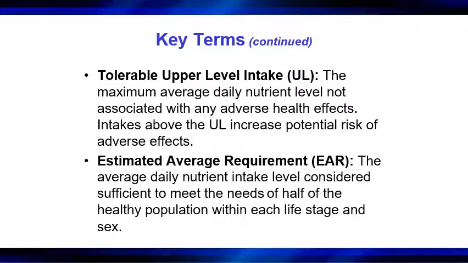The tolerable upper level intake is the maximum average daily nutrient level not associated with any adverse effects. So basically, there are certain things that if you take in above that, there is the potential for adverse effects. You have the estimated average requirement, which is the average daily nutrient intake level considered sufficient to meet the needs of half of the healthy population.